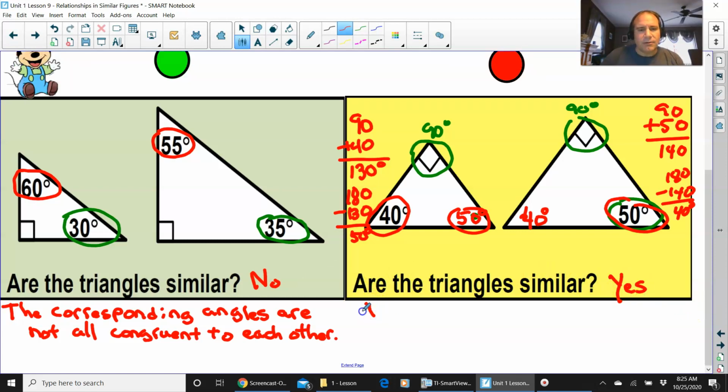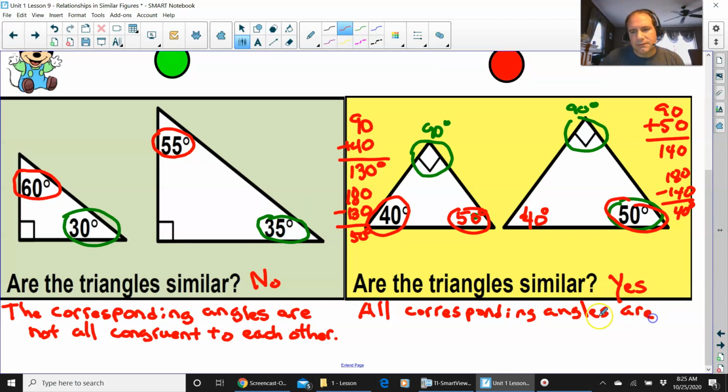And I'm going to put: all corresponding angles are congruent to each other.